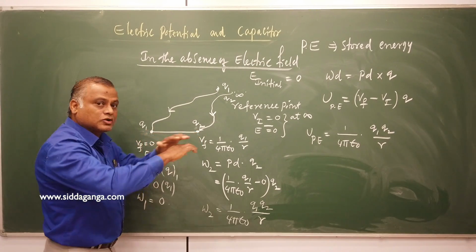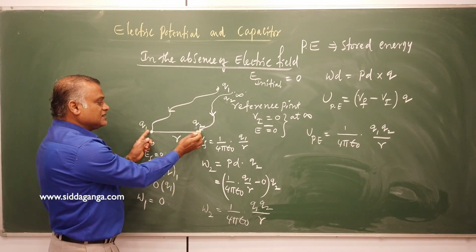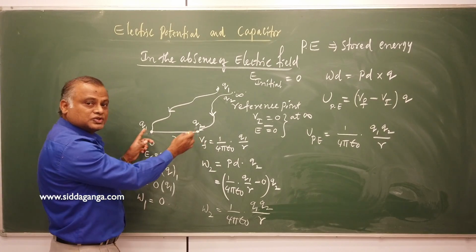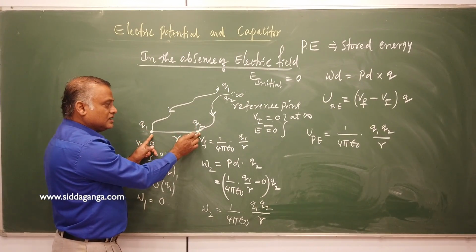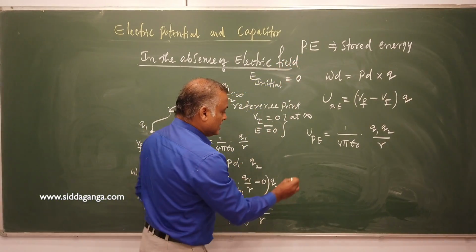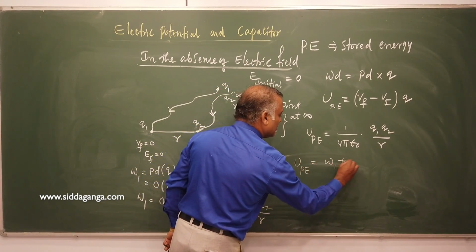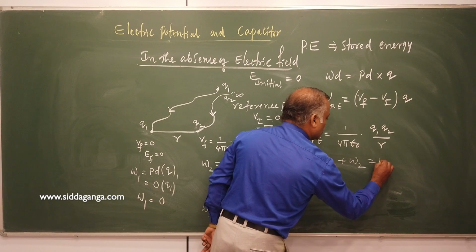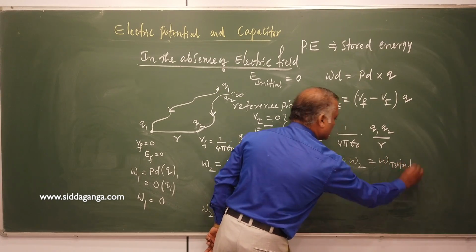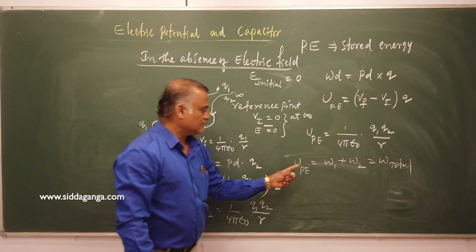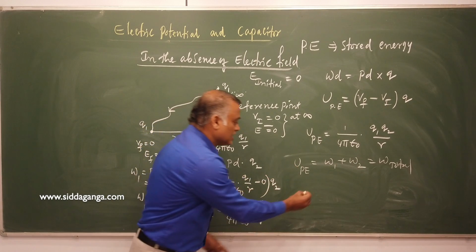by virtue of its configuration, energy possessed by the charged particles by virtue of their position is known as potential energy. Therefore, total potential energy I can write as the sum. That is total work done. Total work done in assembling the charges is stored as potential energy.